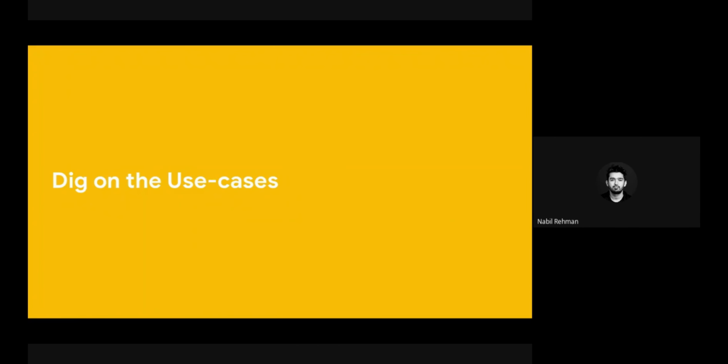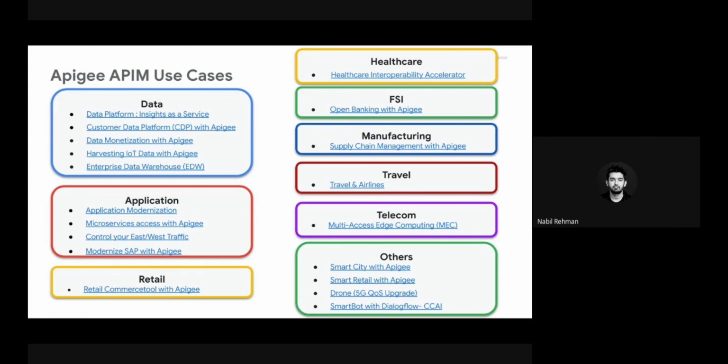Now we'll discuss some of the use cases that we see in the market. The use cases could be quite a lot, and it depends on the industry that you're working in. For example, if you're working in the telecom industry, the use cases could be slightly different.